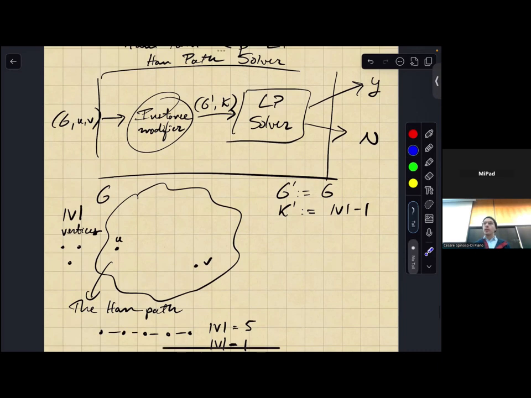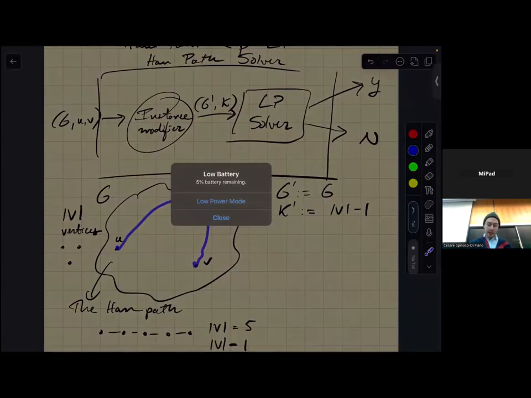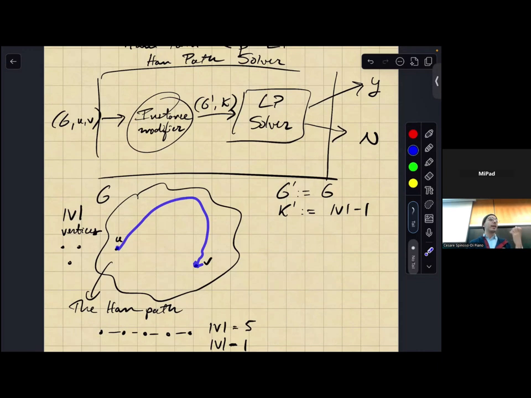If I do have a Hamiltonian path from U to V, then the longest path is definitely going to be of length V minus 1.